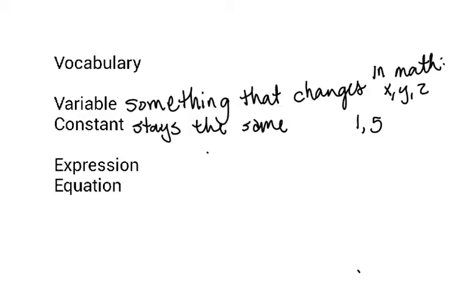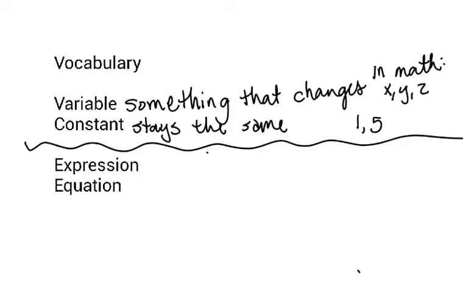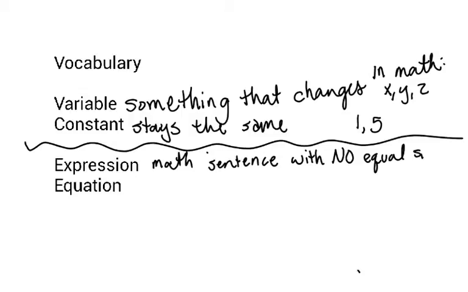Then our other two vocabulary words are expression and equation. An expression is a math sentence with no equal sign. An equation is the same thing, but it does have an equal sign.